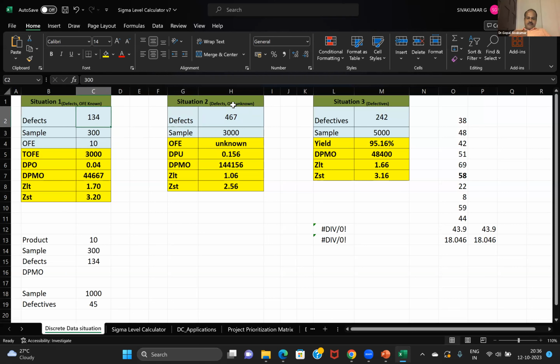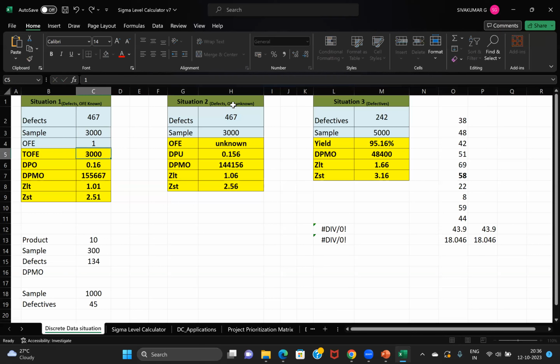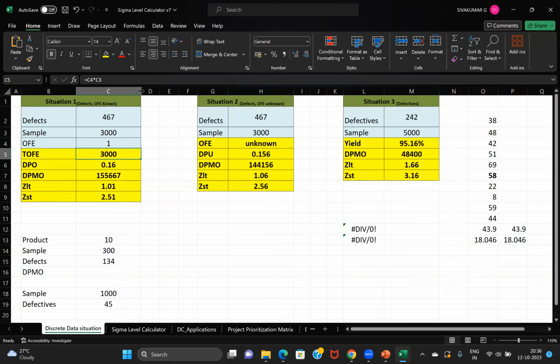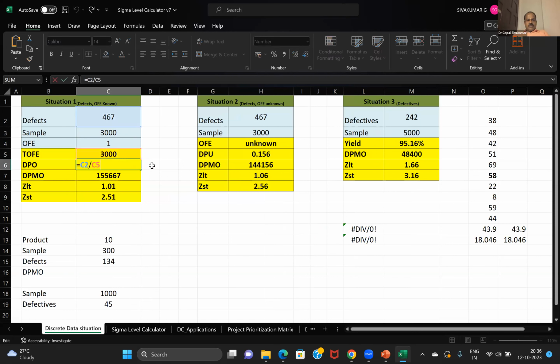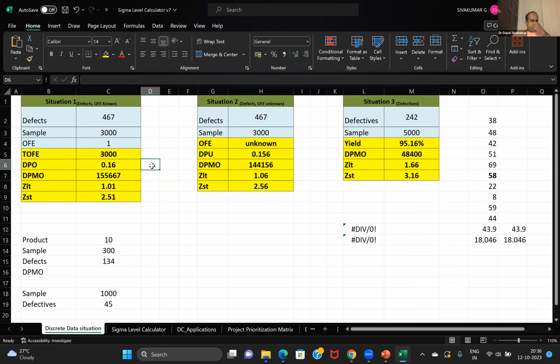Let me try here. 3,467 defects, and here make it 1. So almost a close answer is coming. Anyway, this is rounded here. That is why the problem is, right? We should not round it. It should be exactly without rounding. It should be 0.156.